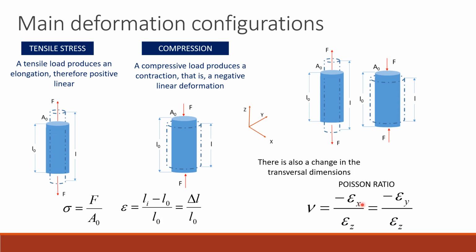This can be evaluated by this expression: nu is the Poisson ratio, and it's minus the strain in the direction of x divided by the strain in the direction of z, or again in the direction of y and z. These are the two transverse directions, assuming that I am applying the force in the direction of the z axis.